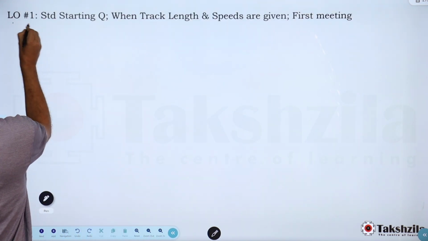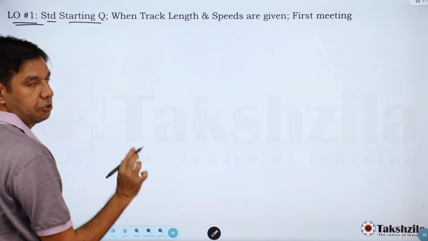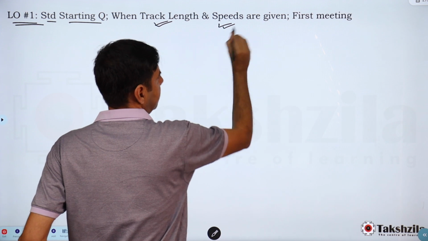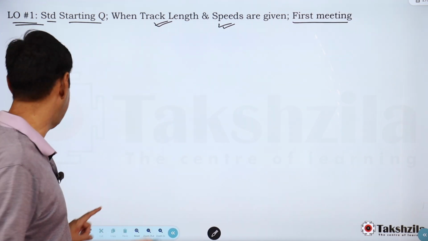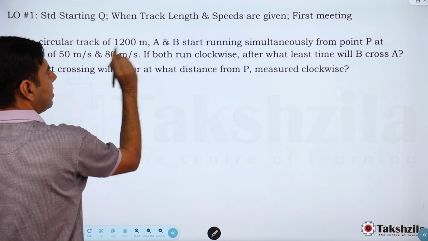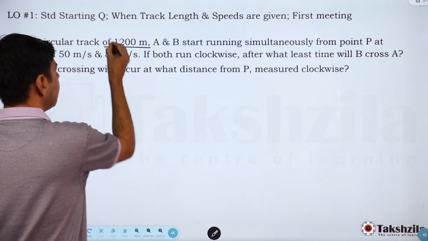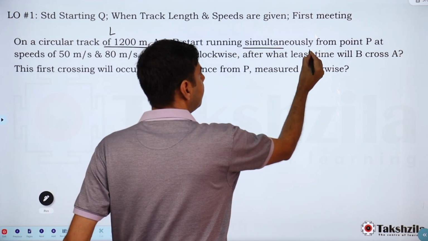So our first learning objective is a very standard starting question. In this, the track length is given and the speeds are given. And we are talking about the first meeting, right? So the question is on a circular track of 1200 meters. Now this is the length of the track, that is the circumference, we'll denote it by L. A and B start running simultaneously.